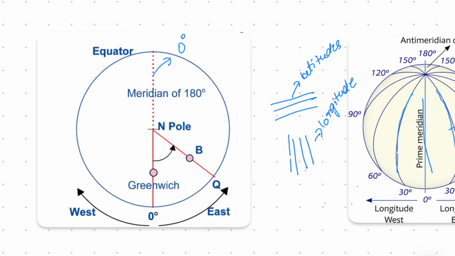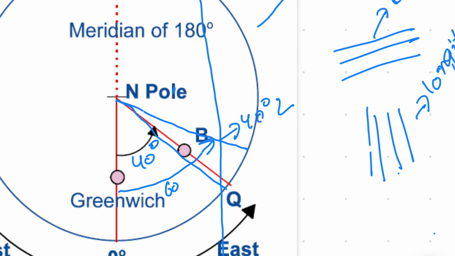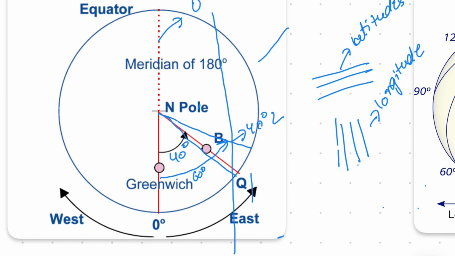So now we are making an angle of this, suppose this is 40 degree angle and we are taking prime meridian as our datum meridian. And if we make an arc of this, it is our 40 degree. So this longitude is of 40 degree longitude. And if we make an arc like this, suppose this is 60 degree, so this will be our 60 degree longitude.